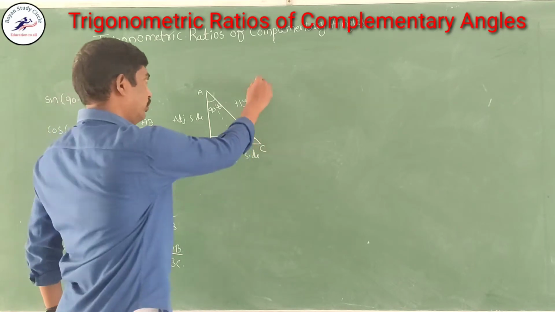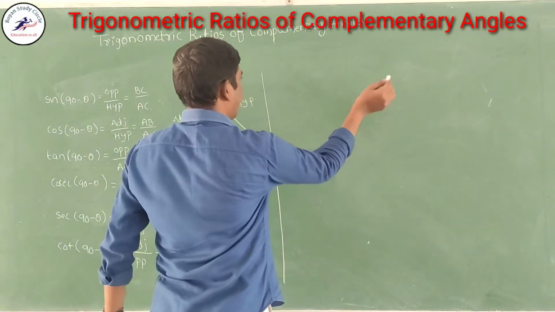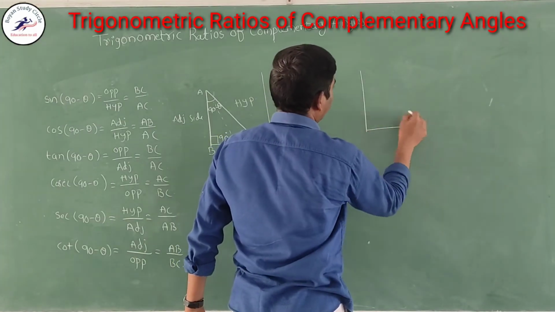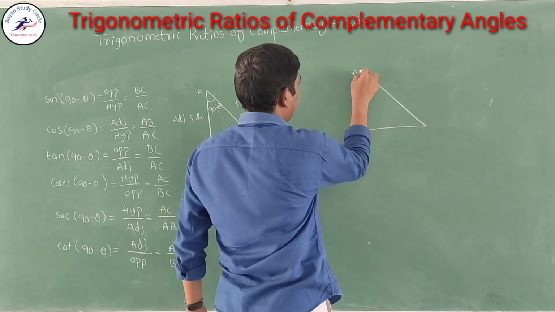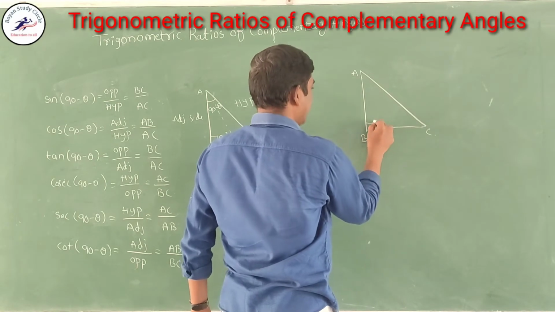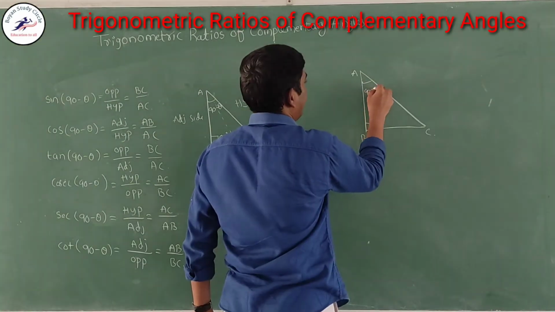See, once again I am going to draw the right angle triangle here. So this is A, B, C, right angle at B, that is 90 degrees, angle A is 90 minus theta.